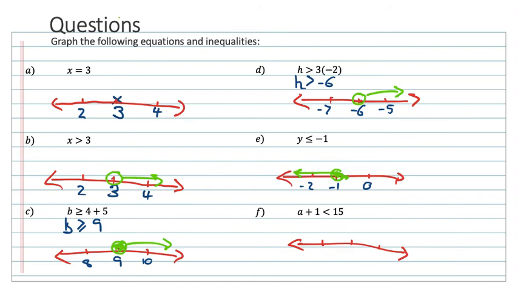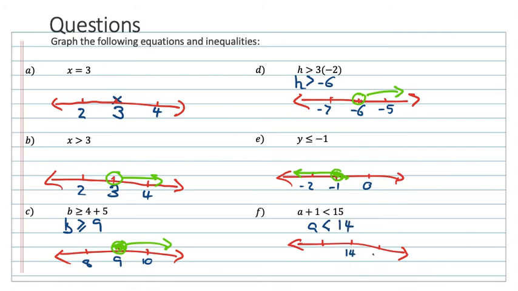Now here's where it's a little bit different. A plus 1 is less than 15. Notice that there's a constant with this variable. I'm actually going to treat this as if it was an equation, and to get rid of this plus 1 over here and isolate A, or make A the subject, I'm going to take 1 from both sides of the equation. Thus A is less than 14.